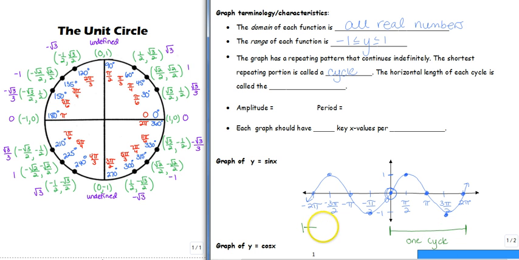So here's another cycle. So we're always going to graph 2 cycles, and the horizontal length of each cycle is called the period. So in this case, the length of one period is going to be 2 pi.